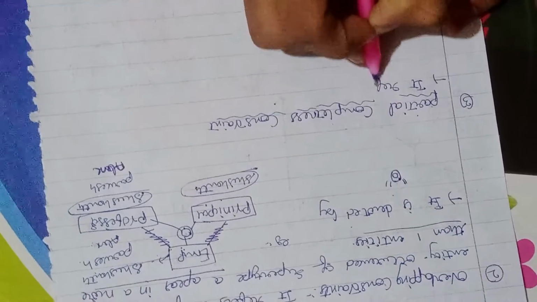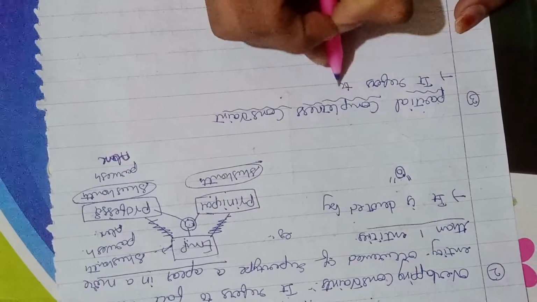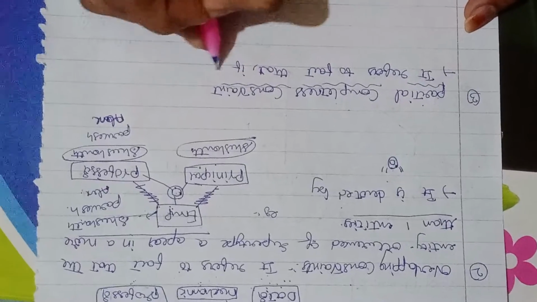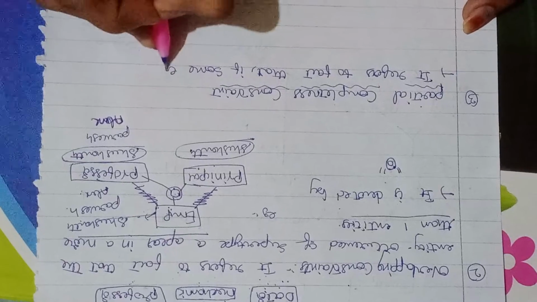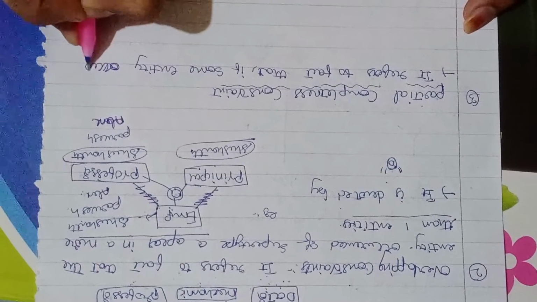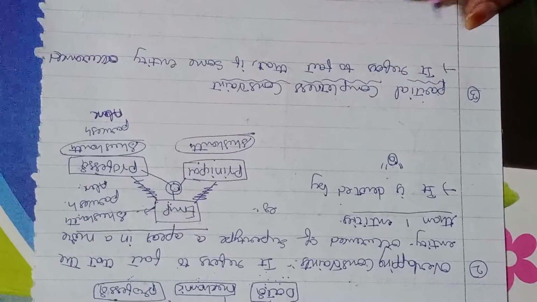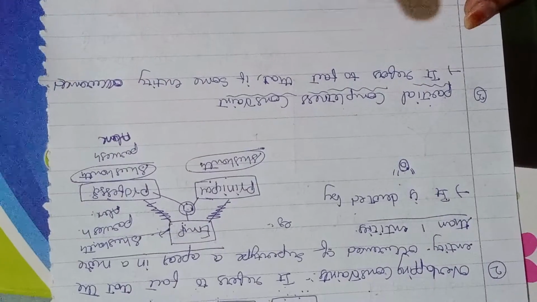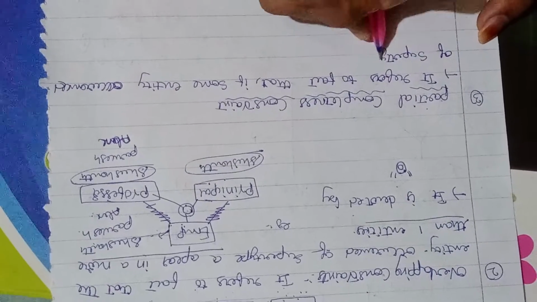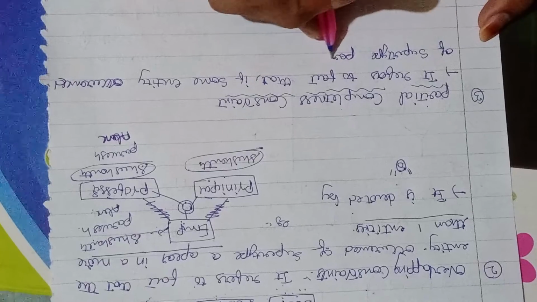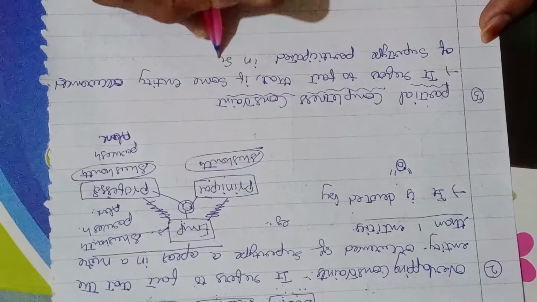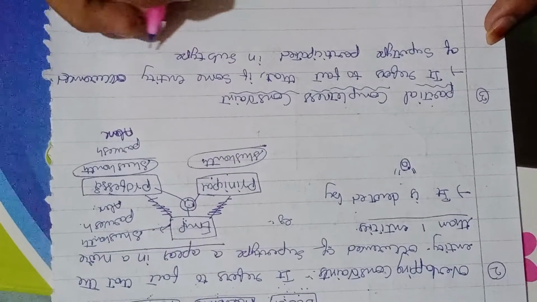It refers to the fact that some entity occurrences of the supertype participate in subtype entities.